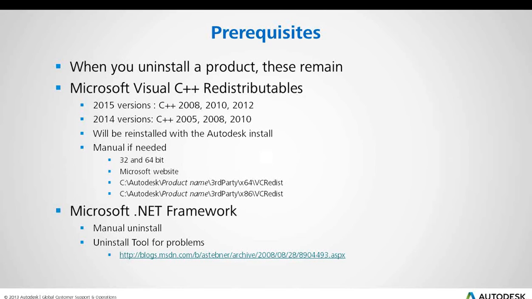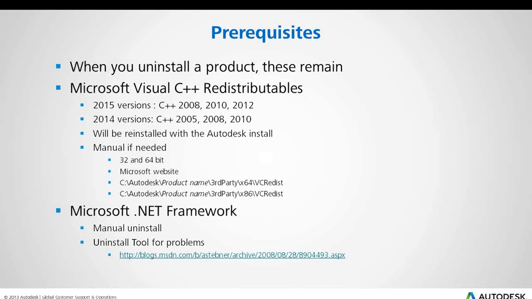For 2015 versions of Autodesk software, it requires the 2008, 2010, and 2012 versions of the Microsoft Visual C++. 2014 versions are a little bit older, so they require the 2005, 2008, and 2010 versions of the Visual C++. Again, they get installed with the Autodesk install, and the installers will run when you reinstall the software also, whether they're already installed on your computer or not.